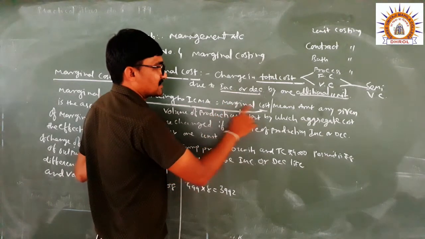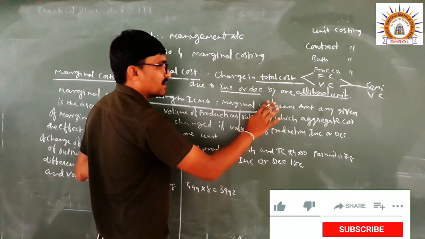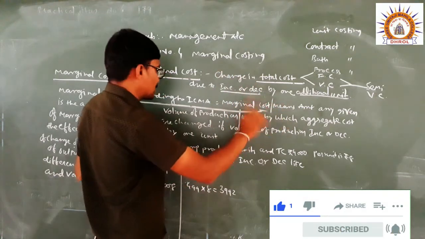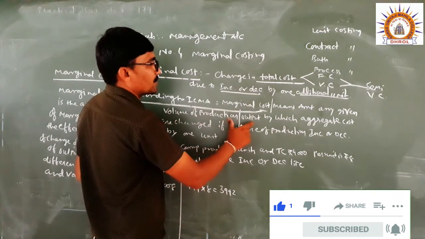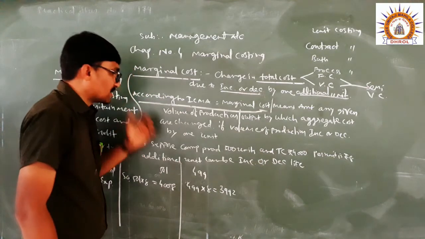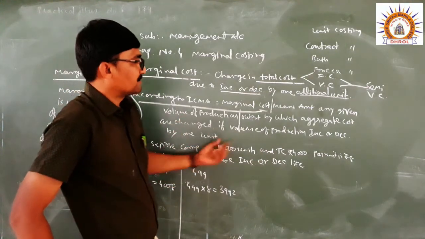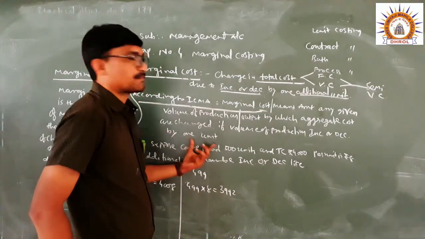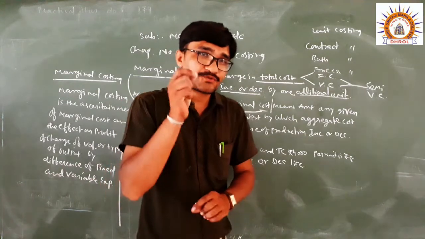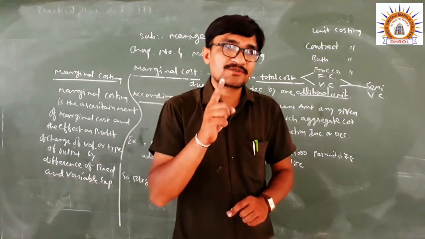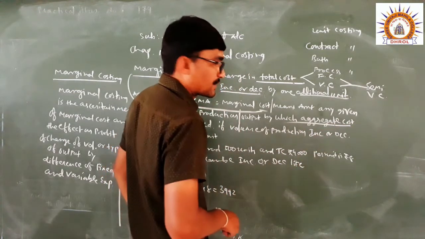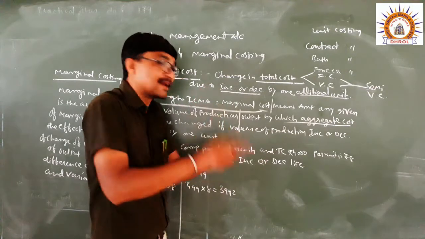They say marginal cost means the amount at any given volume of production, or output, by which aggregate costs are changed if the volume of production increases or decreases by one additional unit. Suppose you want to increase production by one unit, then what will be the change in aggregate cost? That is directly an impact on profit.